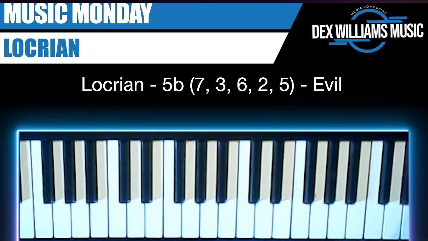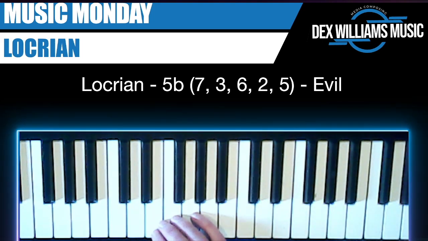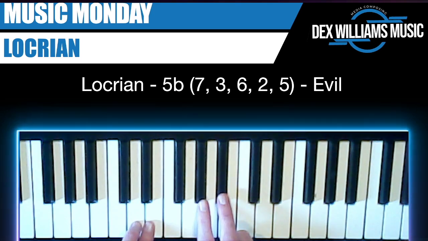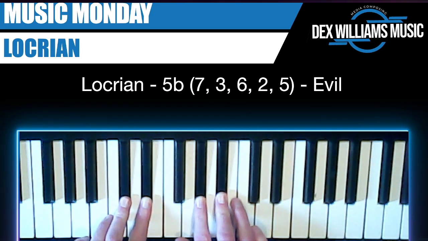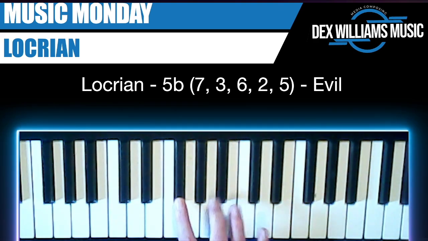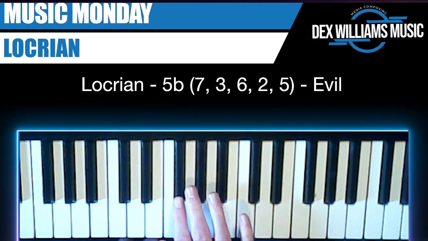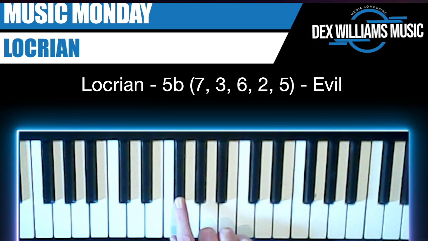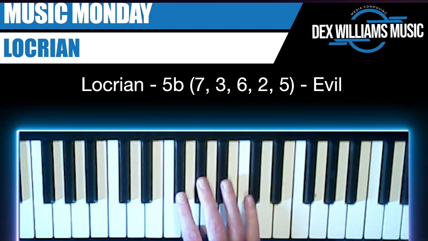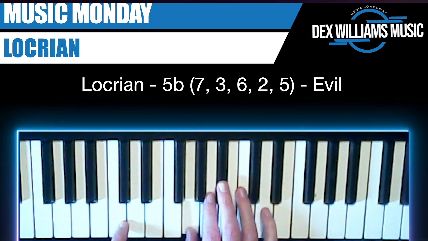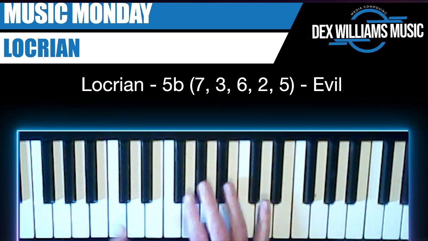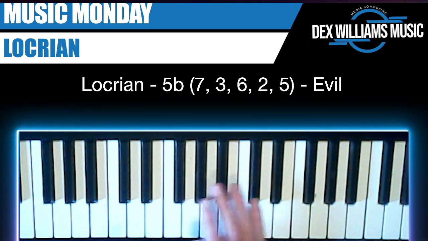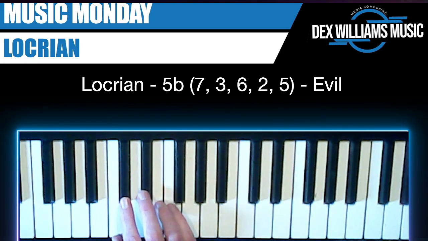And finally, we have the evil Locrian, because not only do we flatten 7, 3, 6 and 2, we also flatten 5, and that is why it sounds really odd, because the 5th is the perfect 5th of C. So by removing that from the scale, you really unsettle everything and give it that very ominous sound.